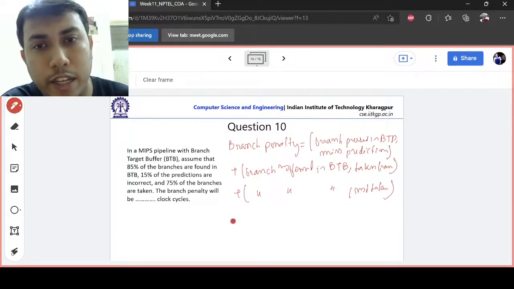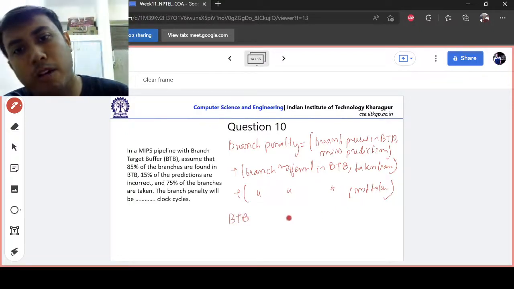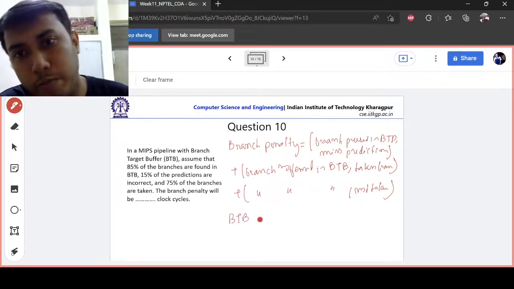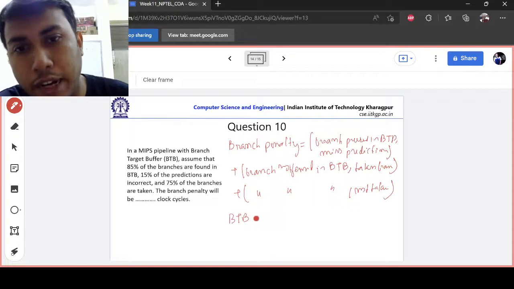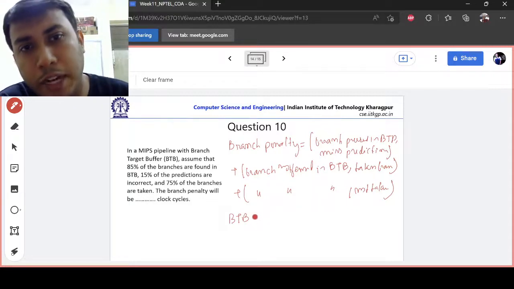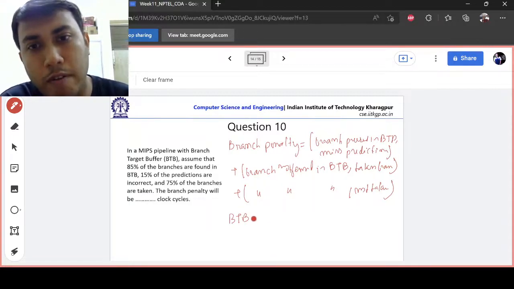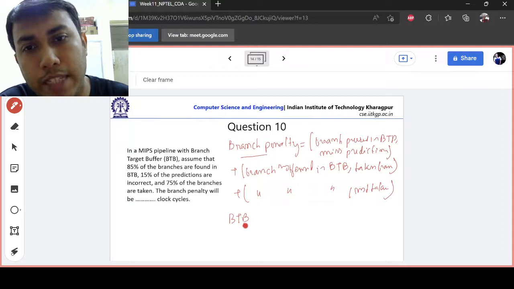So what is a BTB? BTB is a form of a cache, but for branch prediction. So it predicts whether a branch target is correct or not for a certain branch. So what will be the branch penalties? One case is the branch is present in BTB, but the prediction that has been given is not correct.